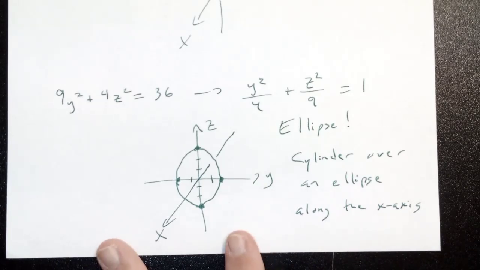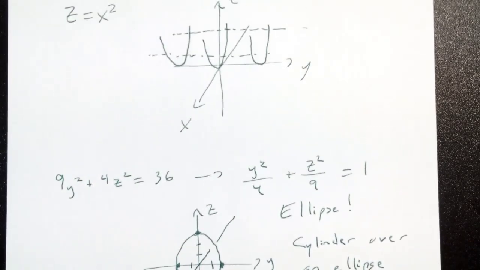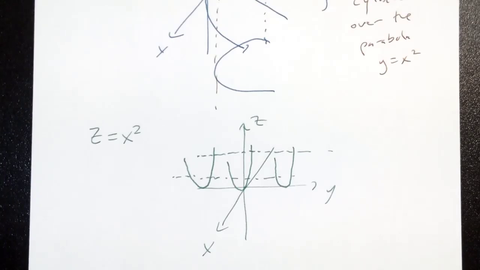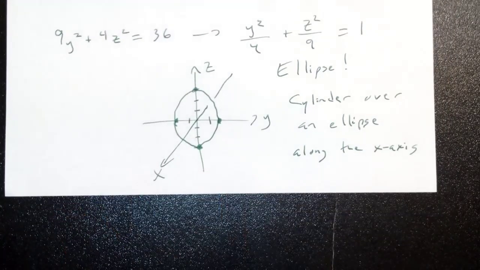That would mean that this one up here, this parabolic one, was along the y-axis. And this one was along the z-axis, because that's the direction the rulings went. You'll also see textbooks that shorten this. This is an elliptic cylinder. Okay, I'll buy that.